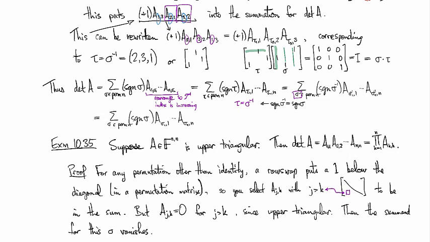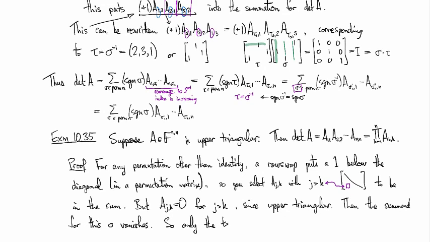So then that means that only the term for the identity permutation survives. And that one gives you exactly the product of the terms on the diagonal. So that's it.